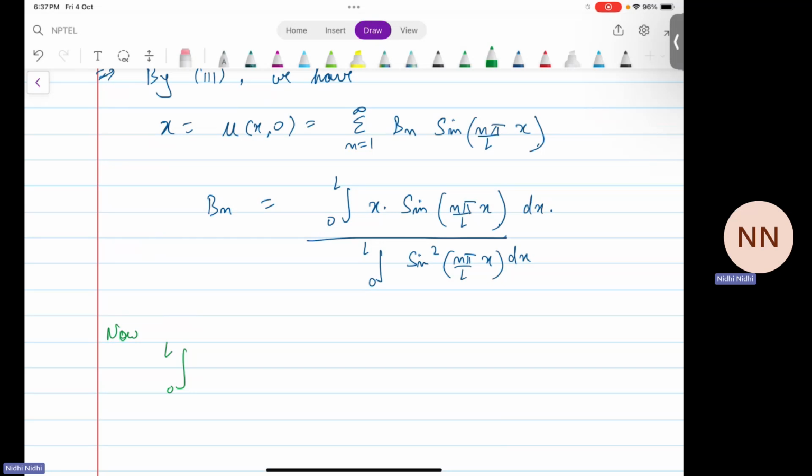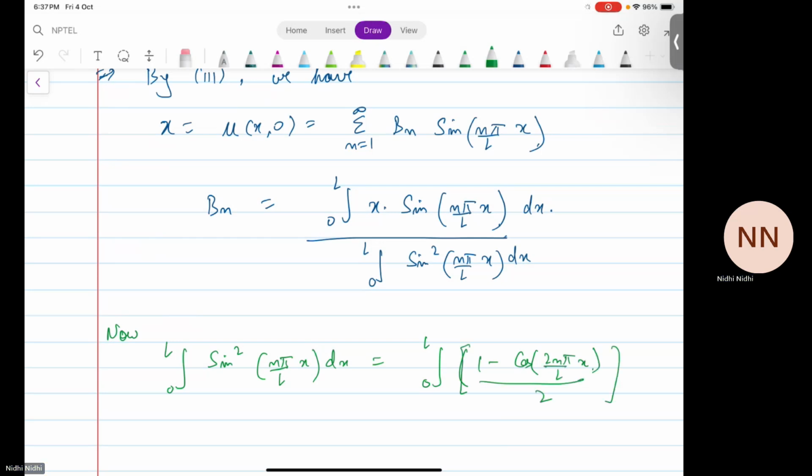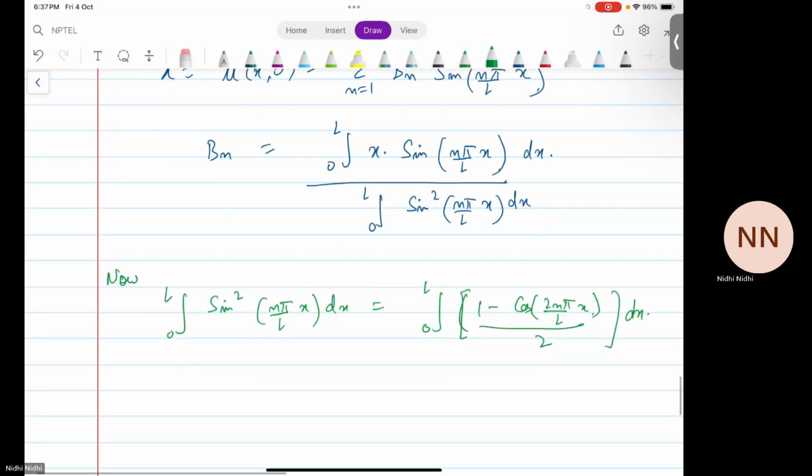Now, integral from 0 to l of sine square n pi by l x dx is equal to integral from 0 to l of (1 minus cos 2n pi by l x) by 2 dx, which is 1 by 2 times x minus the integration of cos x, which is sin x.